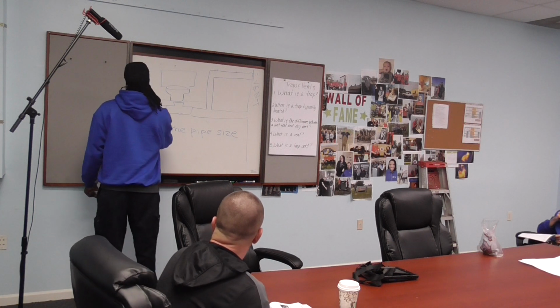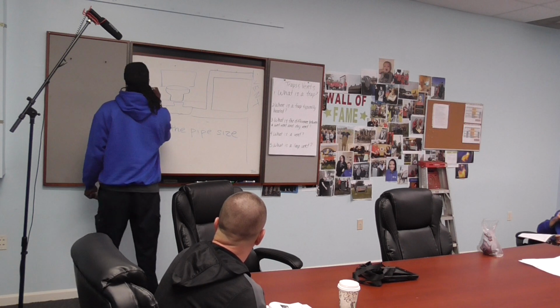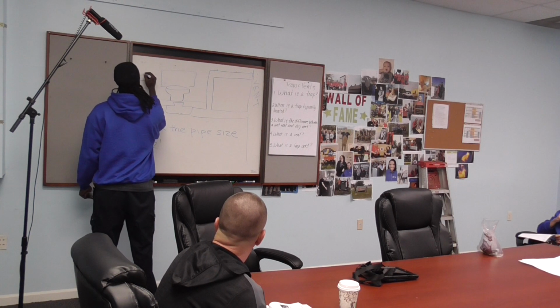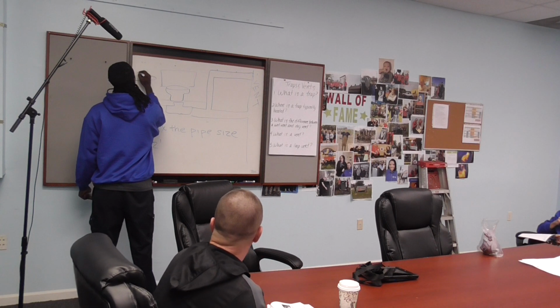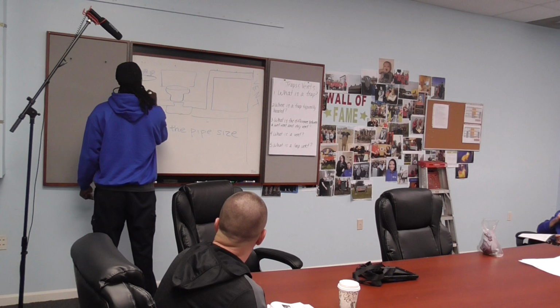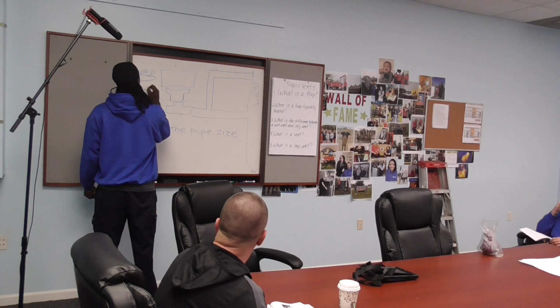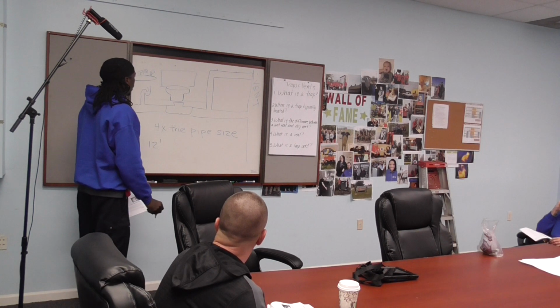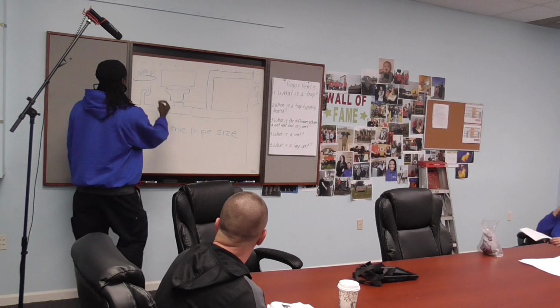If you have a sink here, you know it will come up, and you would trap it basically. But you have to vent that. But they can go up the same vent, right?